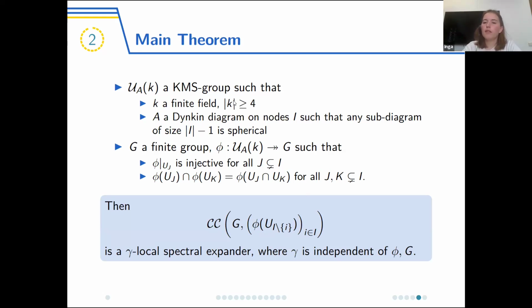You could get better and better expansion by increasing the size of the field, but you would also increase the degree.